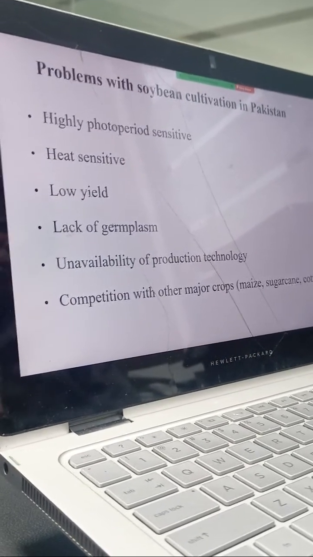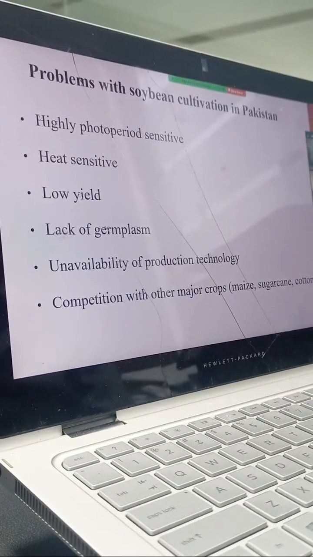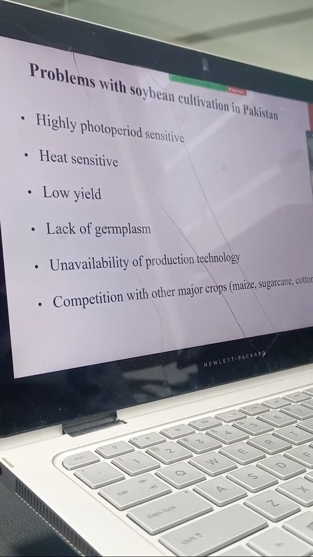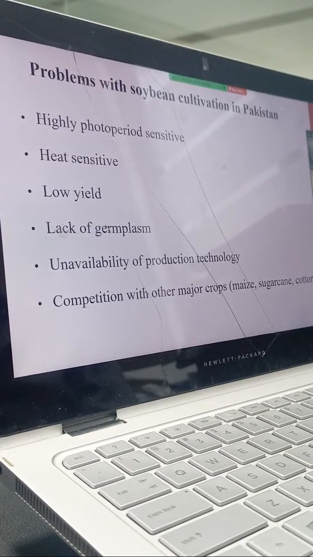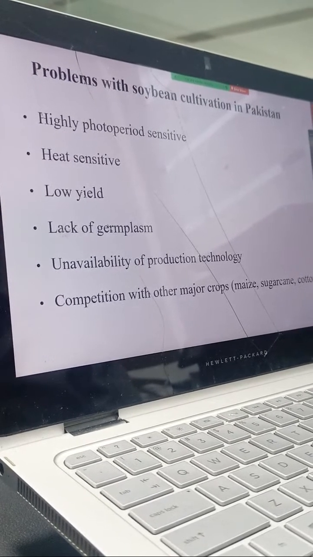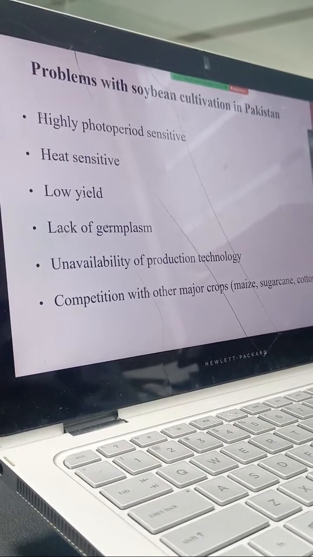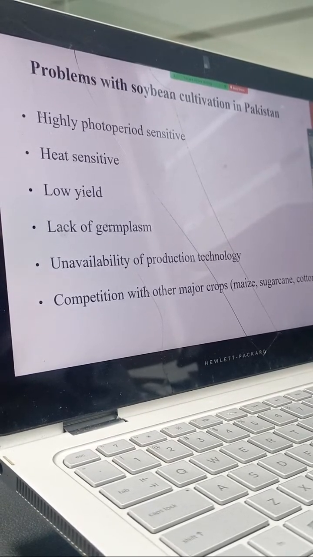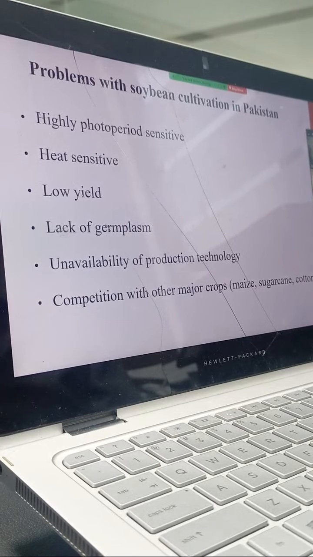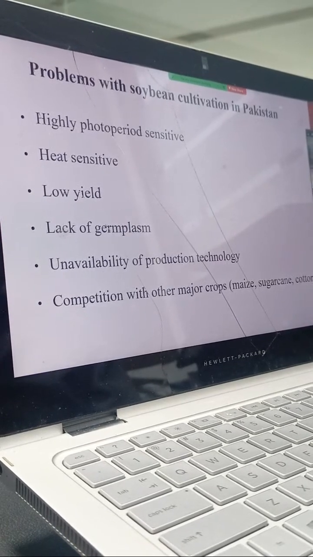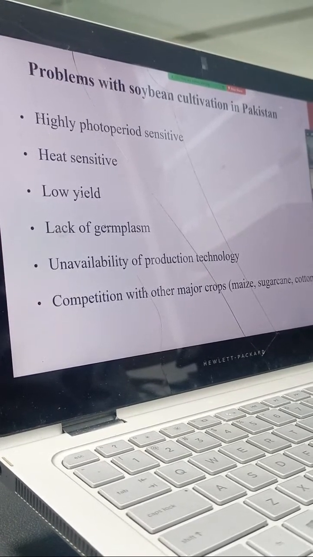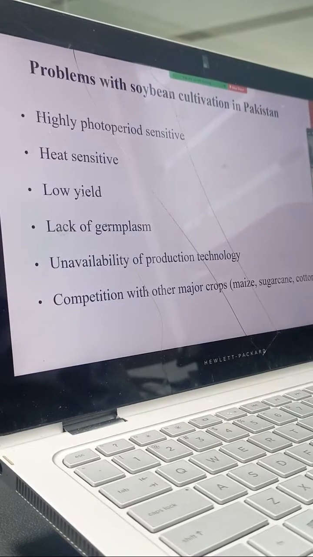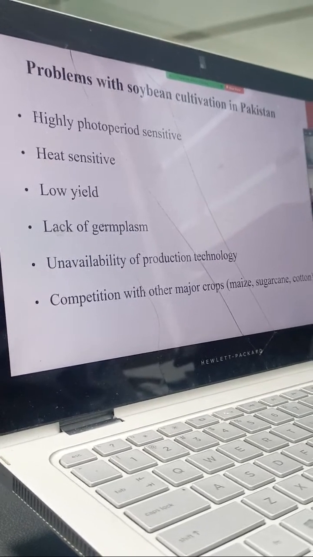Now, what are the problems we are facing in Pakistan with respect to soybean cultivation? As we know, soybean is a highly photoperiod sensitive crop. It is also heat sensitive, and at the same time there are low yields. In the beginning we did not have enough germplasm, and proper production technology was not available.